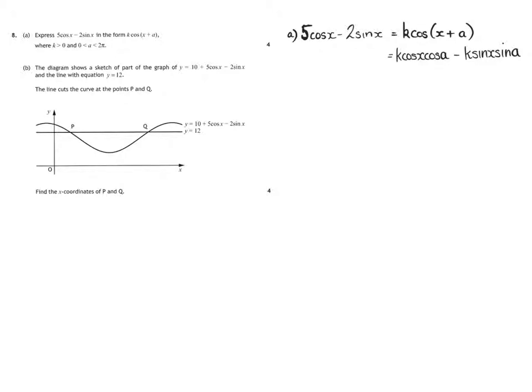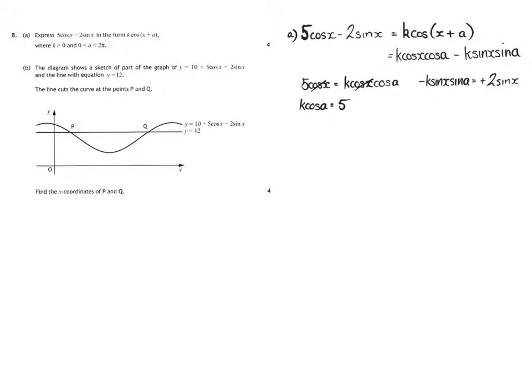Right, so if we look at our first bits, they've both got cos x, so they've got to be the same. So we have 5 cos x must be equal to k cos x cos a. So we can get rid of our cos x's, so we get k cos a equals 5. And from our other one, we've got minus k sin x sin a is equal to minus 2 sin x.